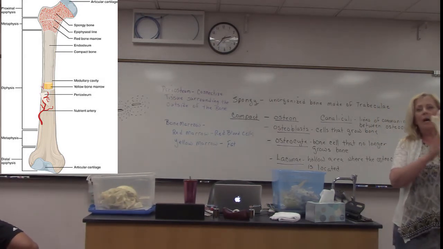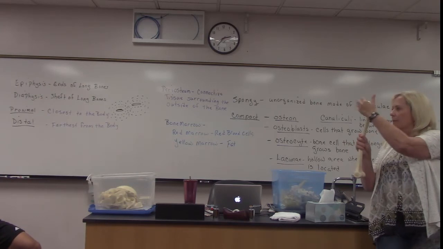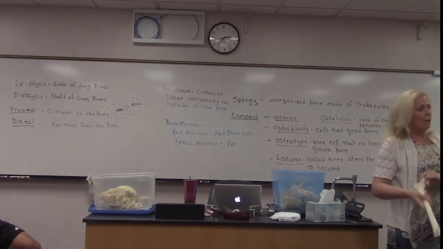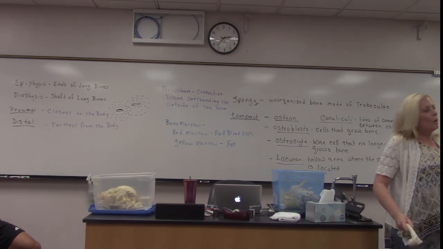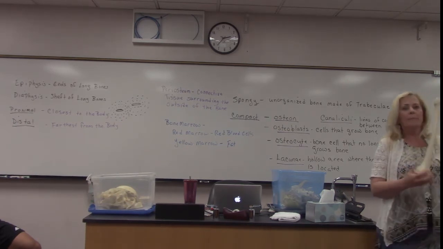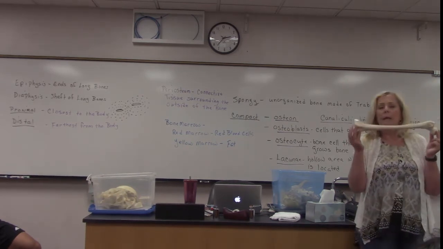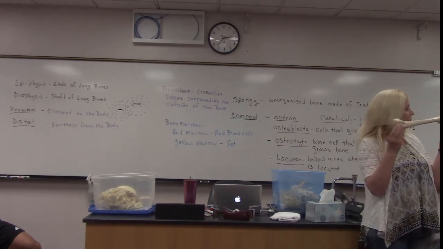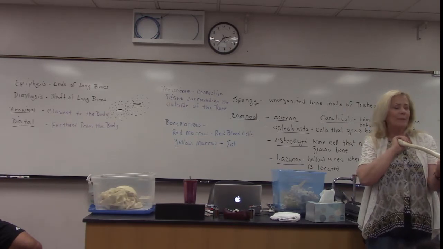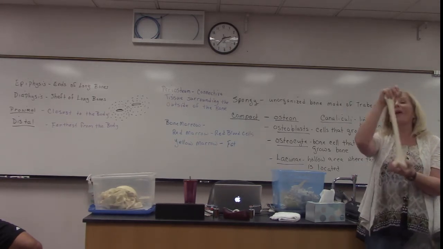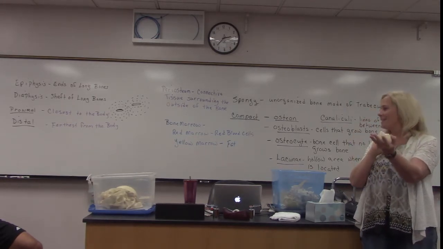Okay, so if I tell you this one right here with this kind of ball thing goes towards the hip, which one would be closest to the body? Which end? My right or my left? The left. So this will be proximal, this will be distal.